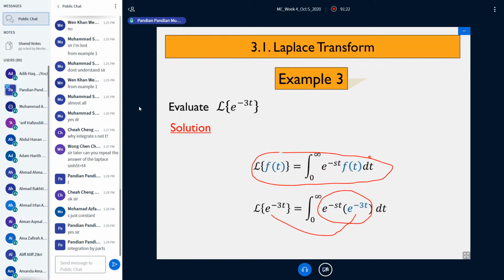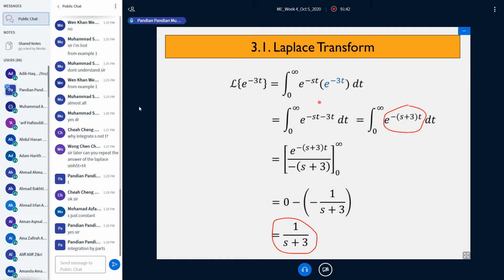This is the integration with respect to t. So, substitute f(t) with e power minus 3t. Slowly, you see here. So, e power minus st times e power minus 3t dt, you have to combine. This is the trick. You have to combine these together.